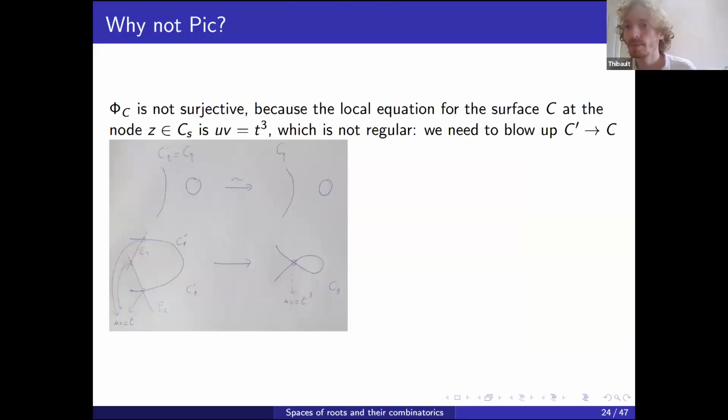So first, it's not surjective because as I just said, the local equation for the total surface C at this node is product of two parameters equals t to the 3. And this is not a regular equation. So what I have is a singular surface.